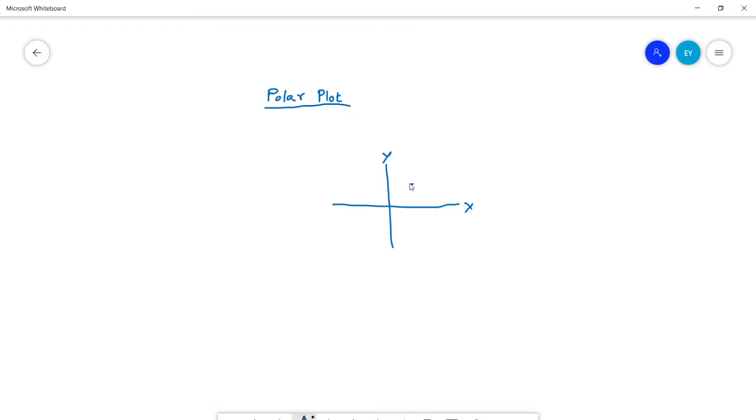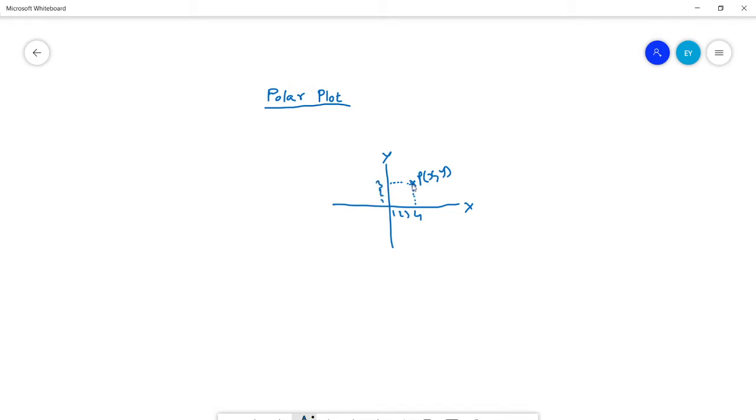When you want to describe the point in Cartesian coordinates, we represent it as P(x, y): at what distance the point is with respect to the x-axis and at what distance with respect to the y-axis. Suppose it is 4 along the x-axis, 1, 2, 3 and 4, and 3 along the y-axis, 1, 2 and 3.